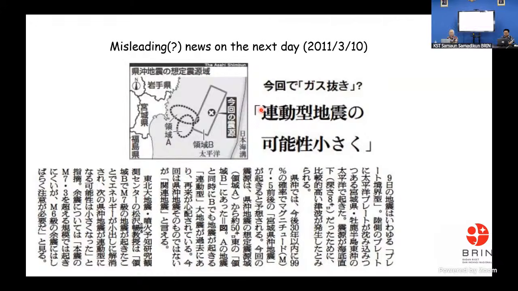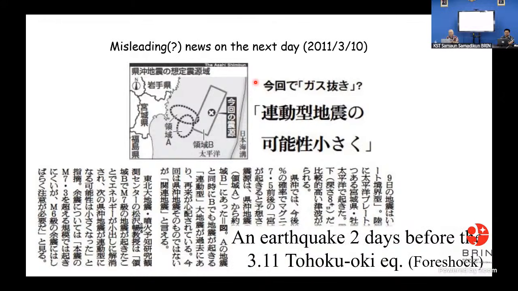But at this time, people didn't think this was a foreshock of the magnitude 9 earthquake. So the newspaper says this released some cluster strain and reduced the possibility of a future earthquake, because they didn't know this was a foreshock. So this is quite misleading news about this earthquake that occurred 2 days before.